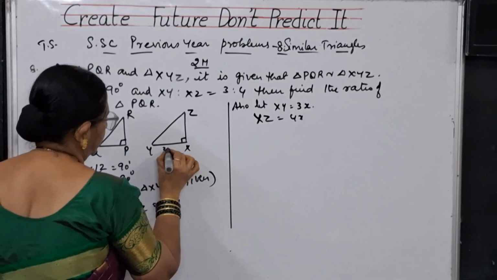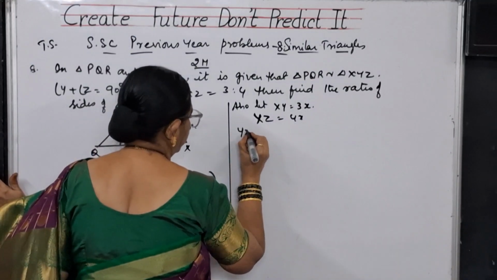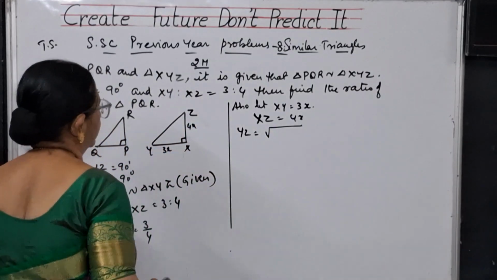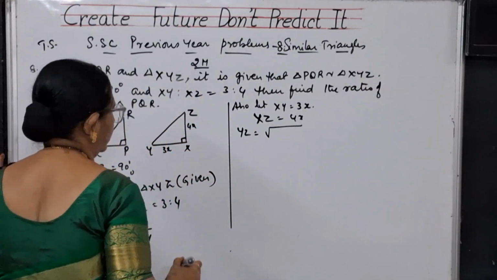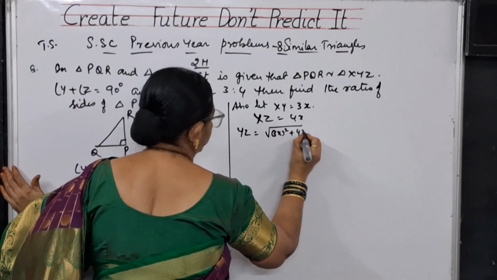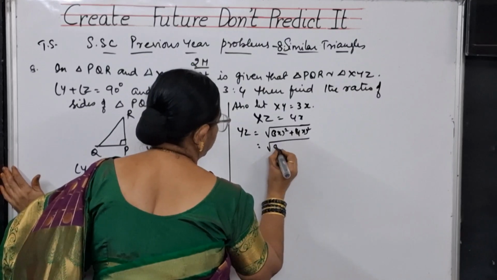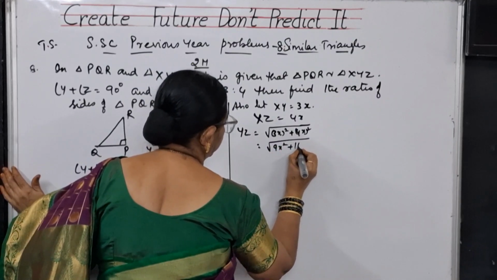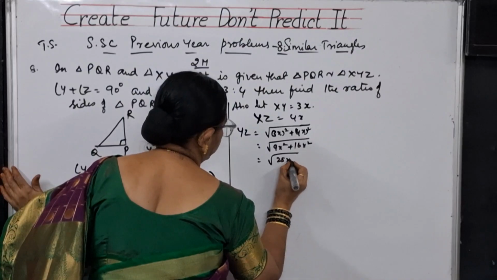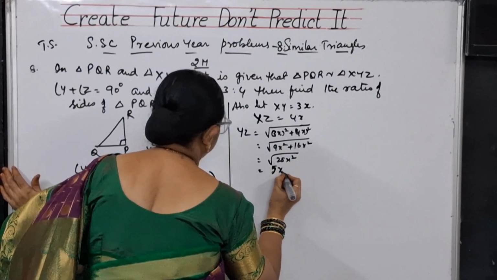So what is YZ is equal to root of 3x whole square plus 4x whole square. That means root of 9x square plus 16x square, root of 25x square, that is 5x.